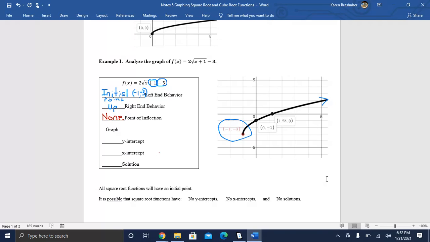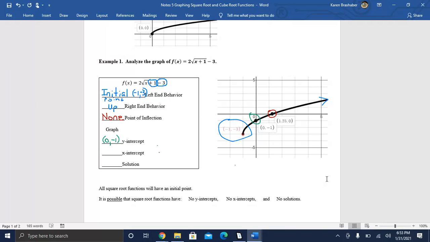All right, then we will look at the graph to tell us the y-intercept. So the y-intercept is the point where the graph crosses the y-axis. This would be the ordered pair 0, -1. We will look to see the x-intercept. The x-intercept is where the graph crosses the x-axis. Now, that is not always a whole number, and in fact, on this one, it is not.